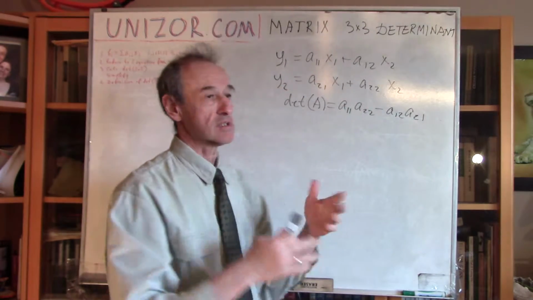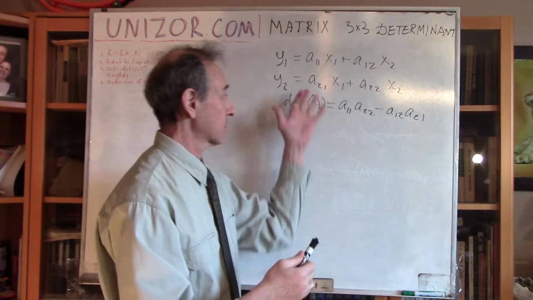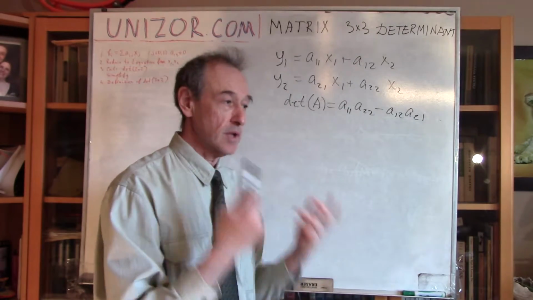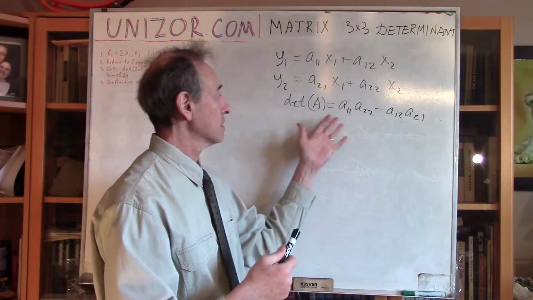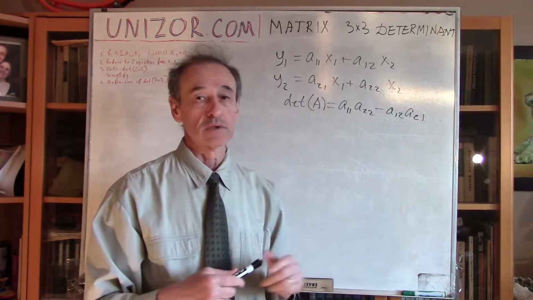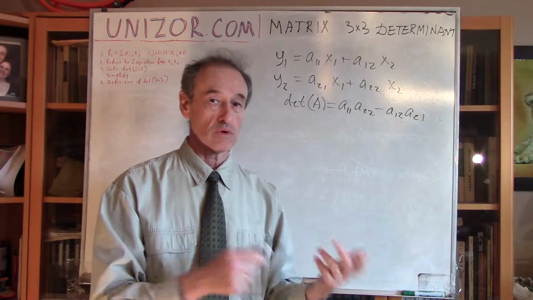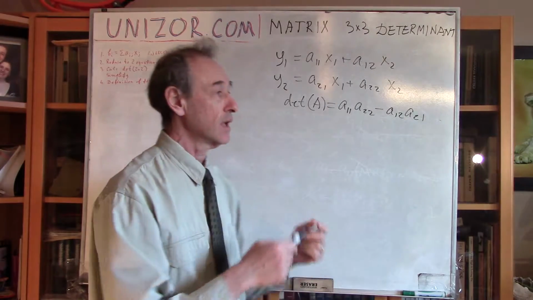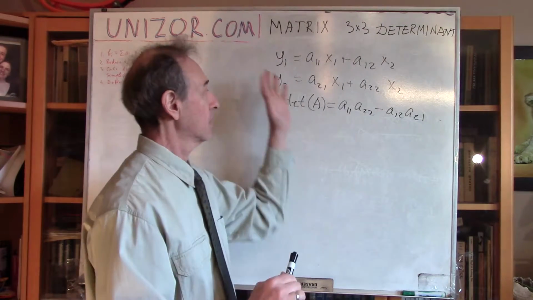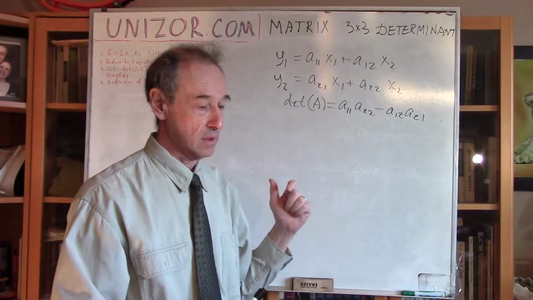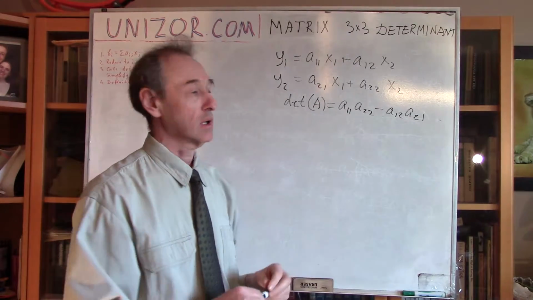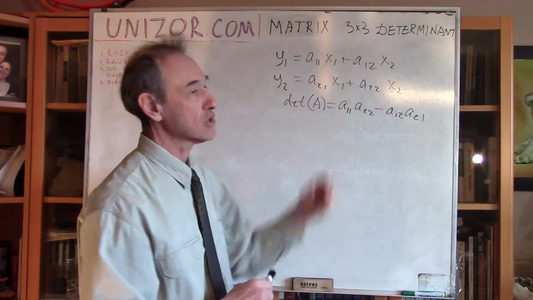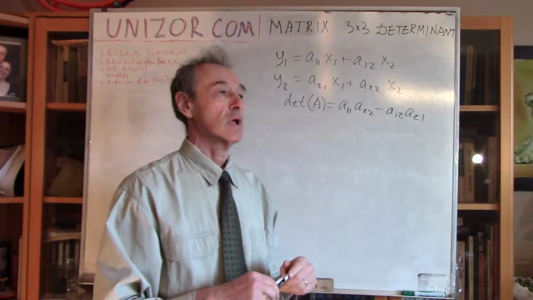So this matrix of transformation, now a transformation of coordinates, is again important, and this particular determinant, whether it is or is not equal to 0, is a characteristic of both the system of equations and the matrix transformation of the coordinates.